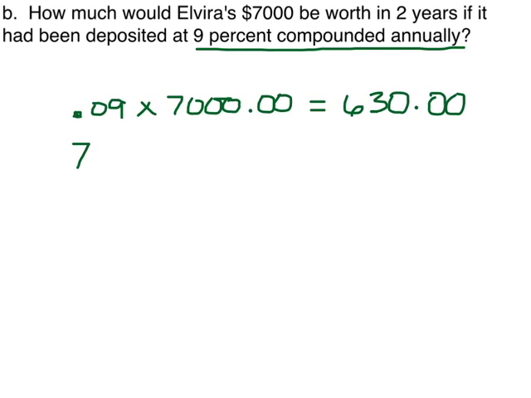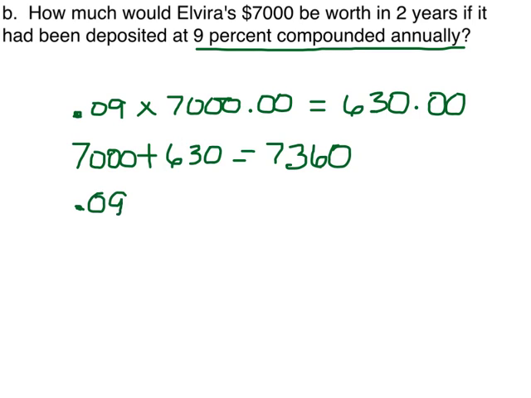But now beginning year 2, she has 7,000 plus the 630 for a total of $7,630. So at the beginning of the second year, 0.09 times $7,630.